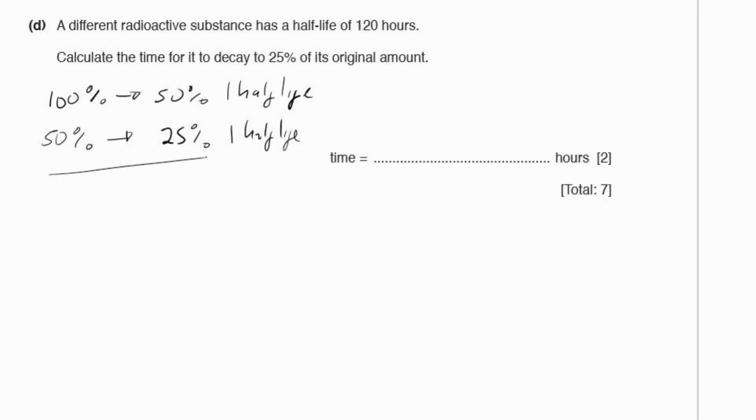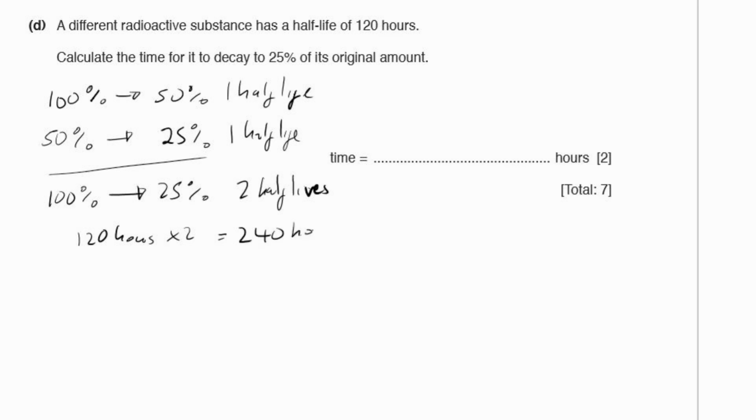So that means that to go from 100% to 25%, I would need 2 half-lives. So if each half-life is 120 hours, to go from 100% to 25% would be 120 hours times 2, which is 240 hours.